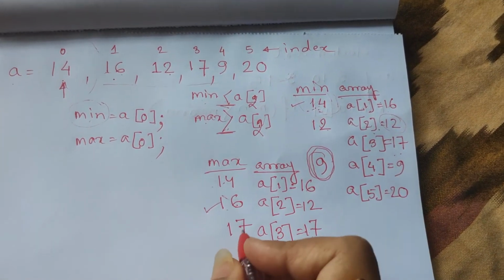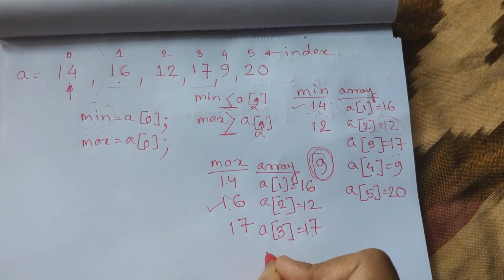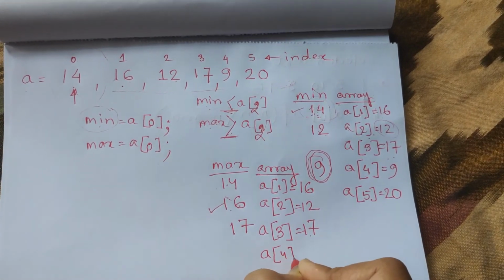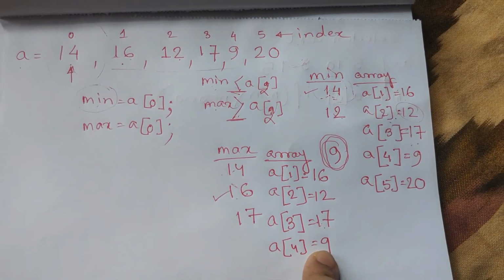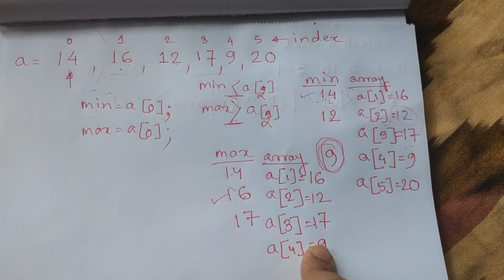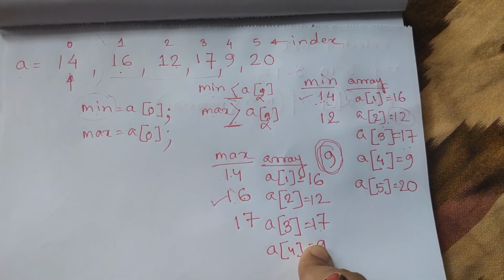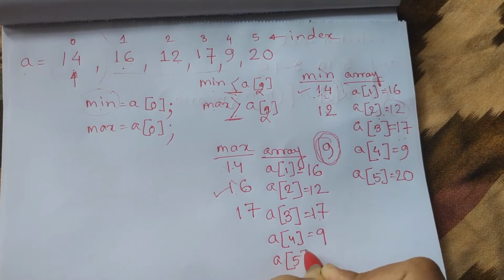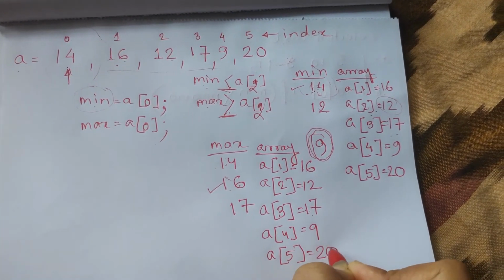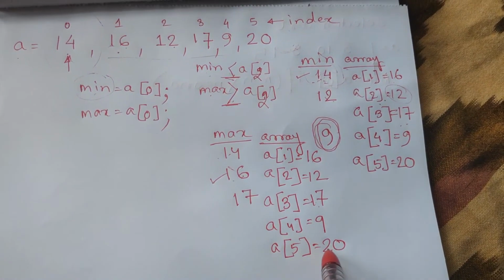Clear? Now once we have got 17, we will check it with the next element of the array. What is the next element of the array? 9. Is 17 greater than 9? Yes. So we don't need to do anything. We will move on to the next element of the array, A5, that is 20. Is 17 greater than 20?